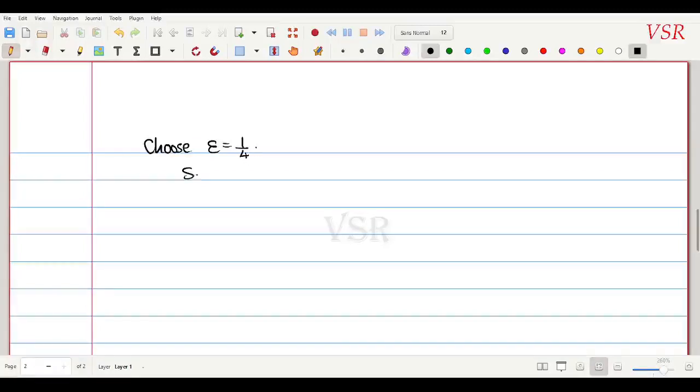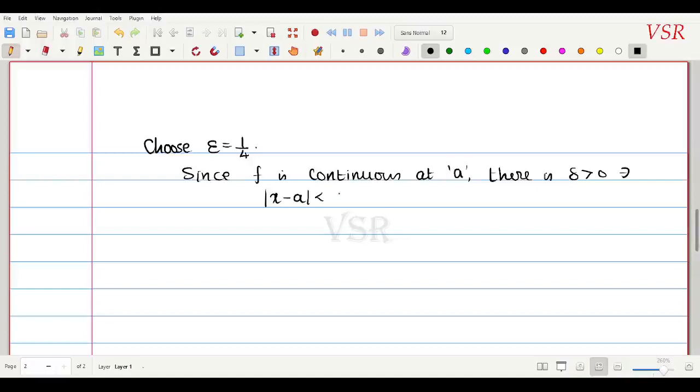Since f is continuous at a, there is a delta positive such that whenever modulus of x minus a is less than delta, this implies that modulus of f of x minus f of a is less than 1 by 4. We get this.